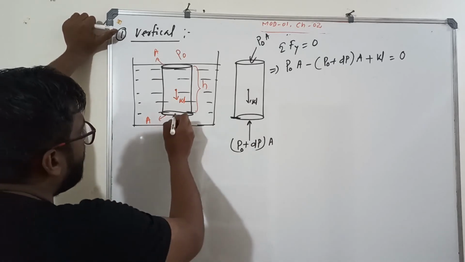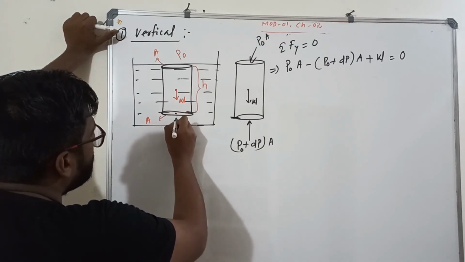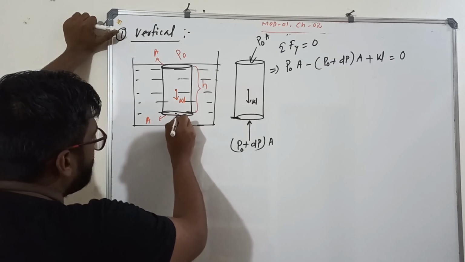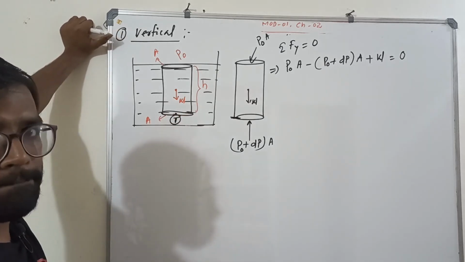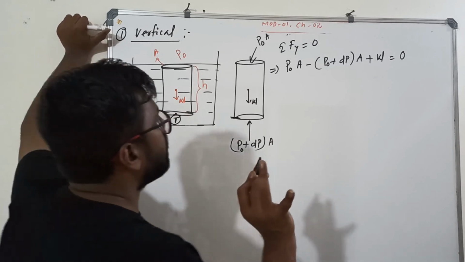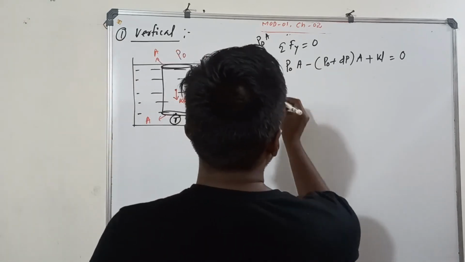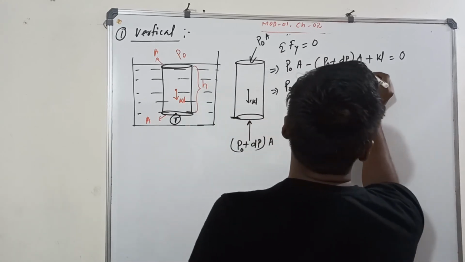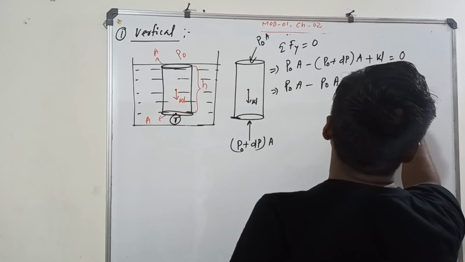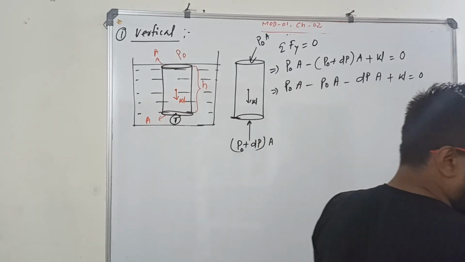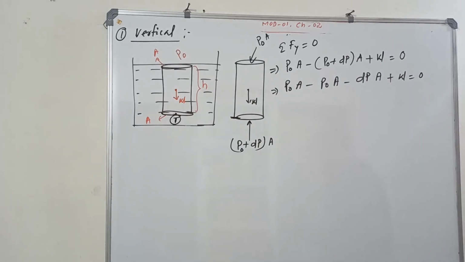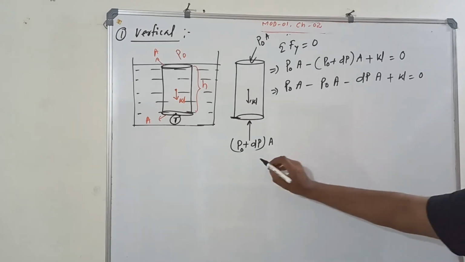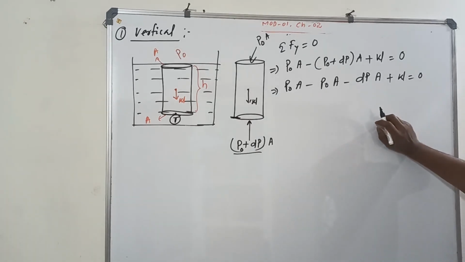I want to find the pressure at this point, which we will name T. We want to find the pressure at T. So P naught A minus P naught A minus dP A, plus W, the weight of the fluid, is equal to 0. This total is PA. Correct?